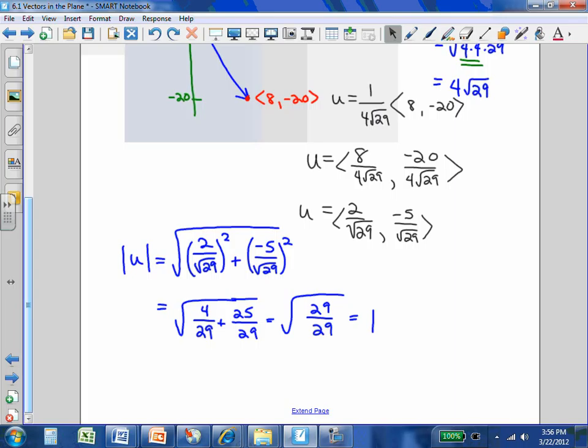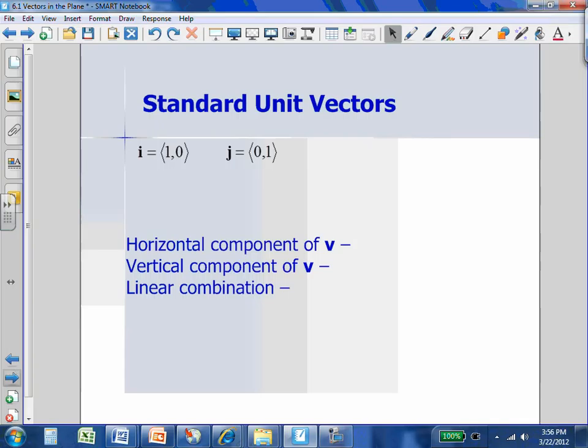So now let's take a look at some standard unit vectors and a different way of looking at these guys. Sometimes we don't write them in a component form. We write them in this i j form. It's called a linear combination. So i represents the vector 1, 0. So basically, notice that this is the x only.